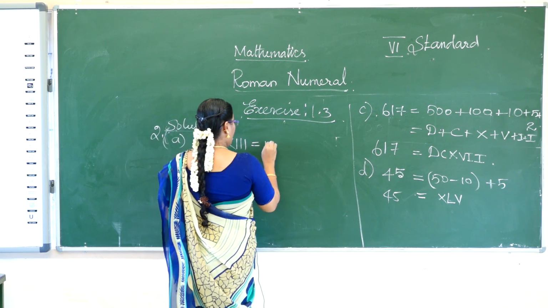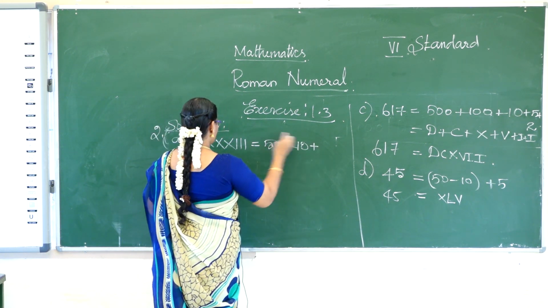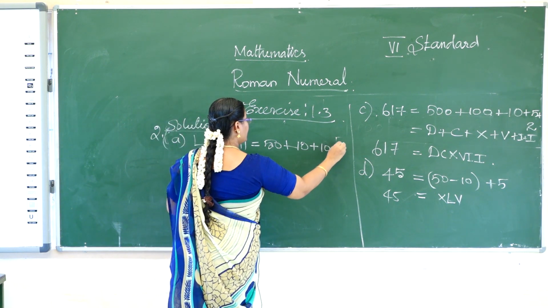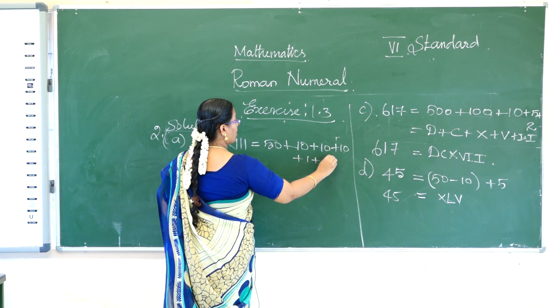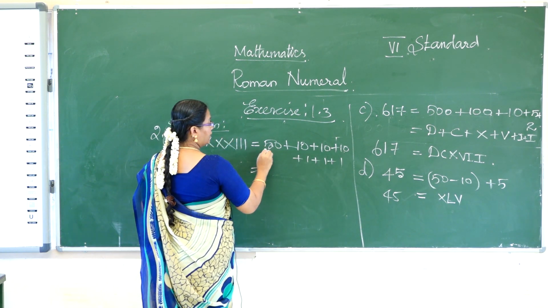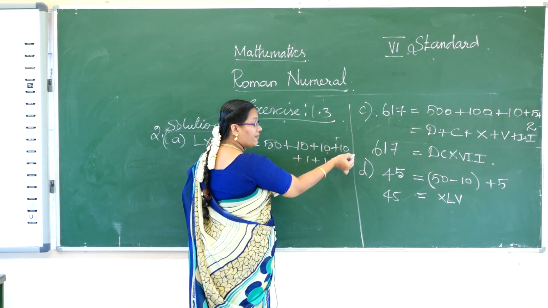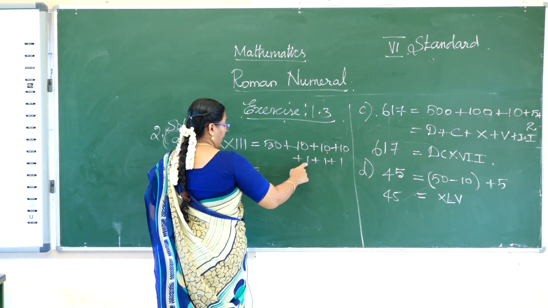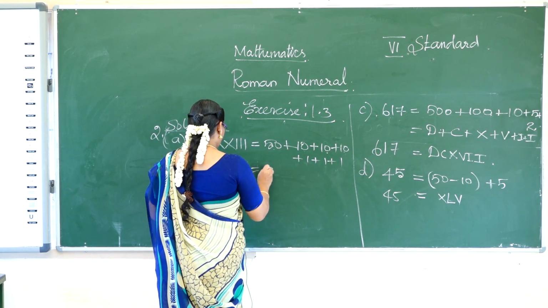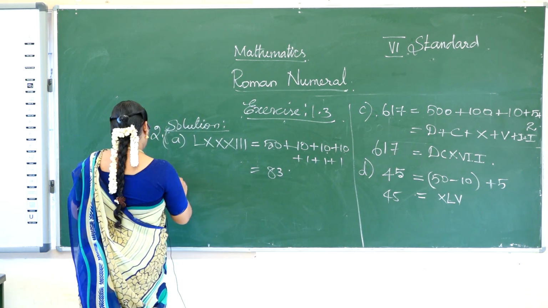So L is 50, plus X value is 10 plus 10 plus 10, then I is given 3 times, so 1 plus 1 plus 1. Added: 50 plus 10, 60. 60 plus 10, 70. 70 plus 10, 80. 81, 82, 83. So the value is 83.